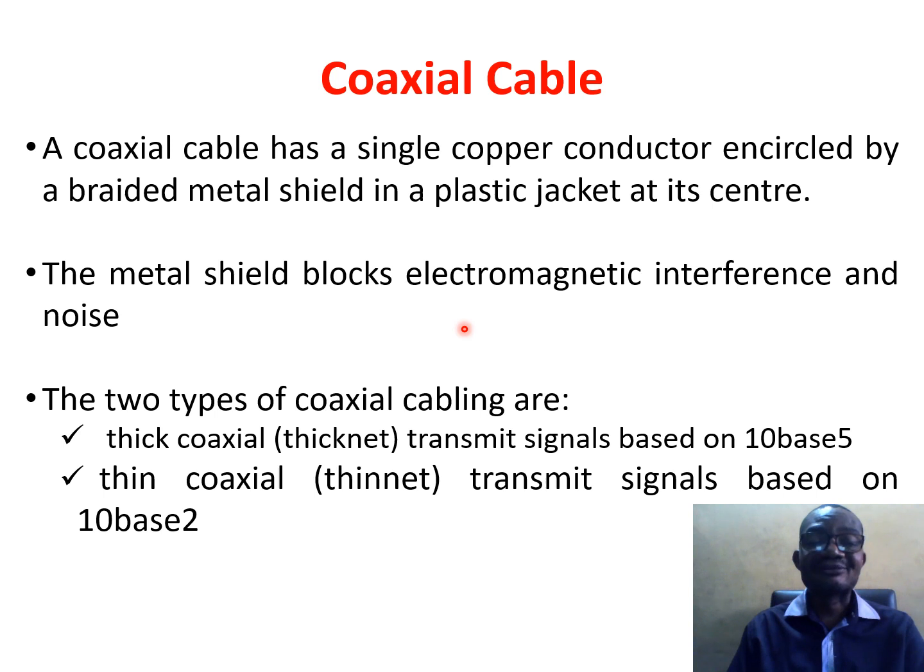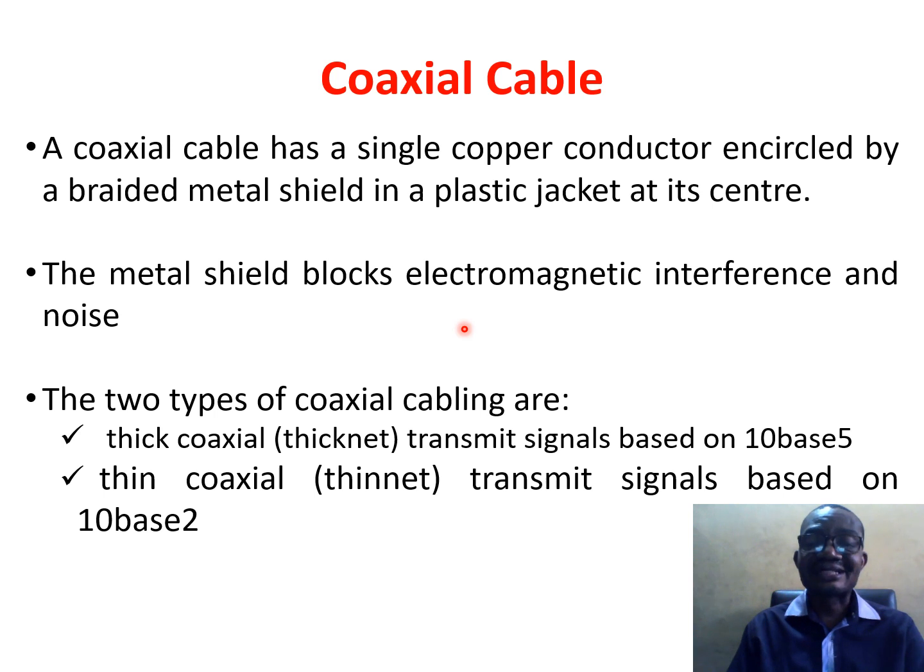The two main types of coaxial cables are thick coaxial cable, also referred to as thicknet, and thin coaxial cable, also referred to as thinnet.